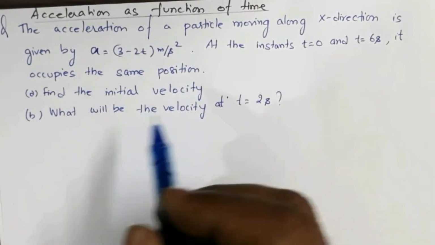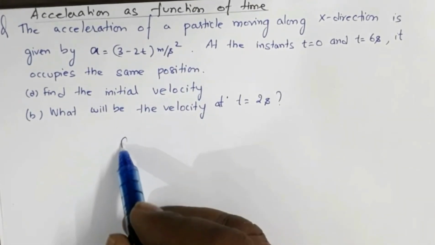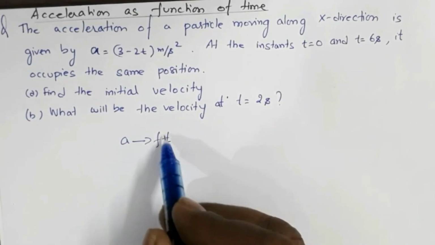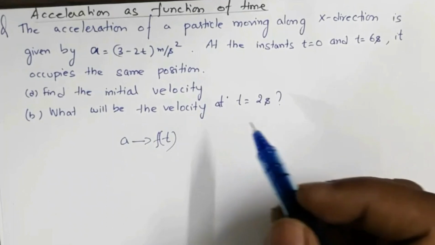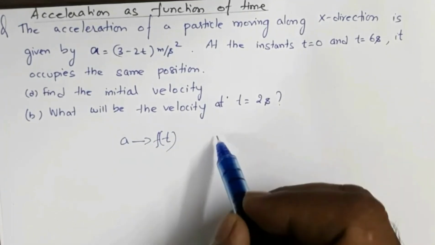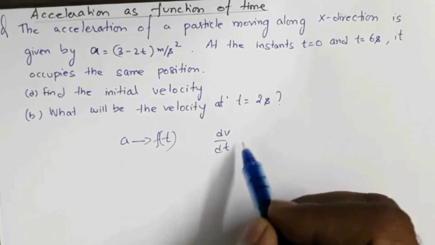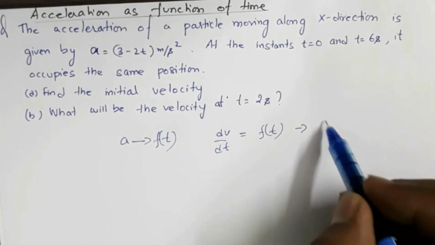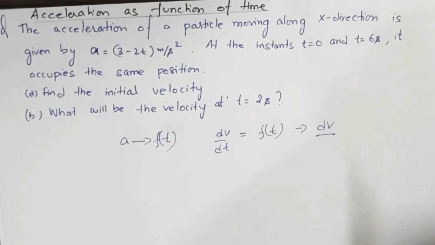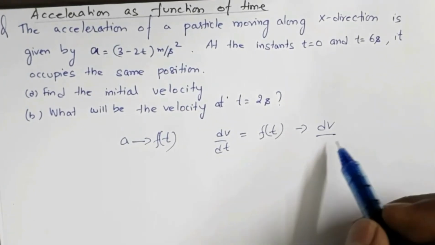Wherever this kind of problem is there, if acceleration is a function of time, and you are asked to calculate information about velocity or displacement, you can write acceleration as dv by dt, and this is equal to that function of time. From this you can get the value of dv. On integrating this expression, you will get the value of velocity.